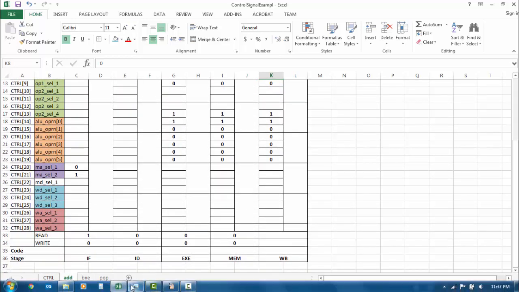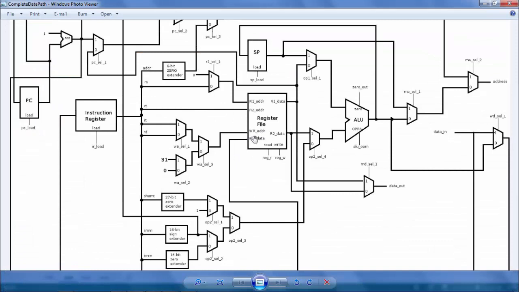And write address selection, I think that's important, because I want to write into the RD, right? By definition, the instruction is RD equals RS plus RT. So to make sure RD makes its way into the right address here, we need to make sure WS selection 1 is 0 and WS selection 3 is 1, where WS selection 2 is don't care.